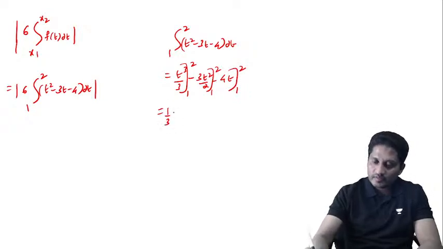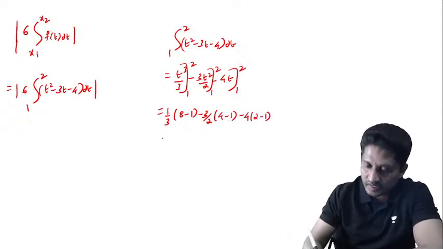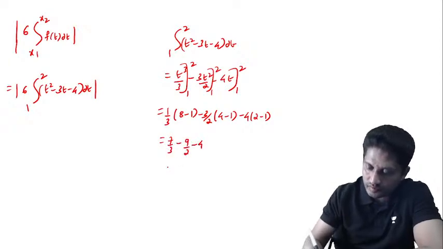1 upon 3, 2 cube is 8, 1 cube is 1. Minus 3 by 2, this is 4 minus 1. 2 minus 1. So this is 7 by 3, minus 9 by 2, minus 4. LCM is 6.